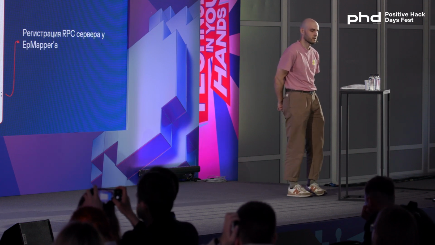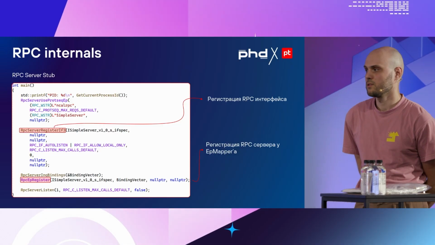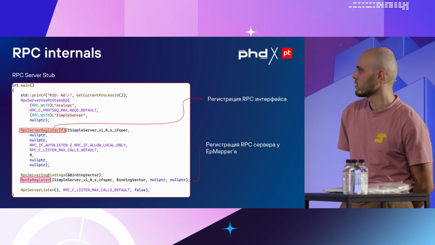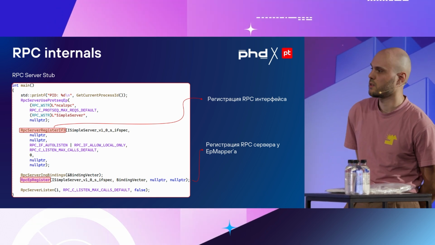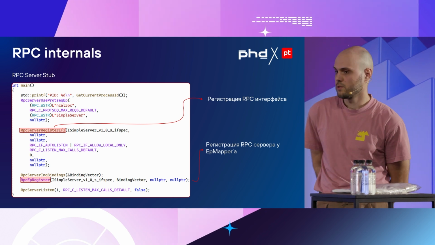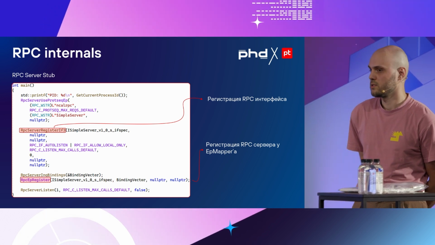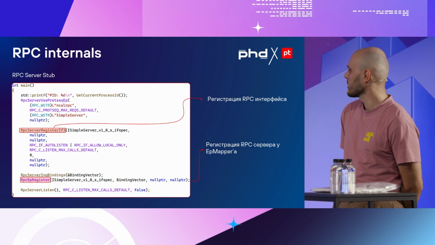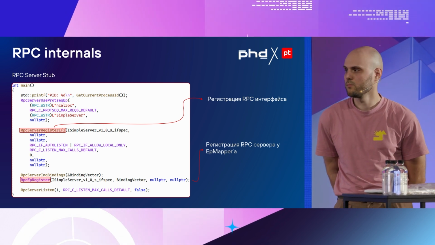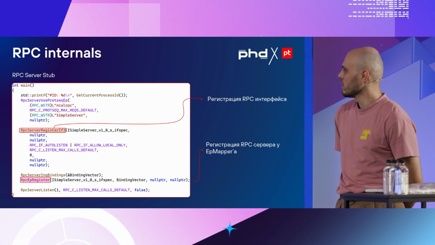On the server side, it's a little bit simpler. The server should tell us which protocol it uses and what its name is. It tells it to the RPC runtime library, and it registers an interface that will be available for connection. It's all done through the RPC runtime library. Then it needs to register with the endpoint mapper.